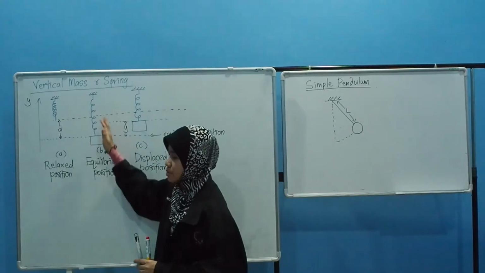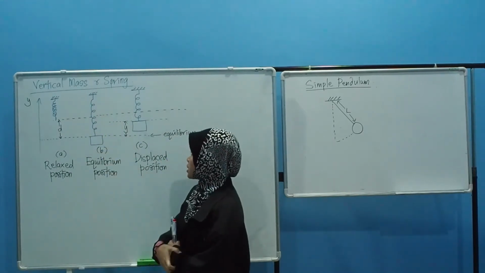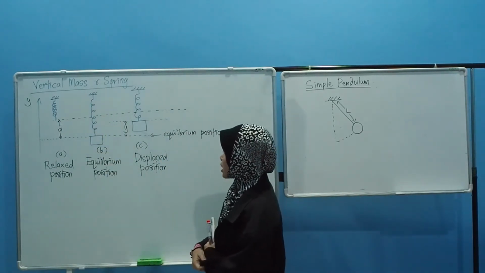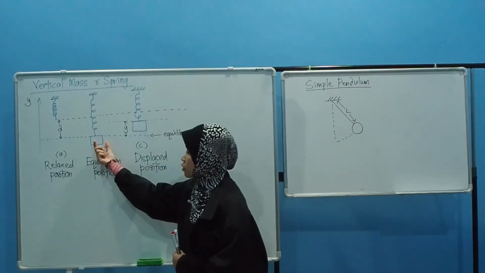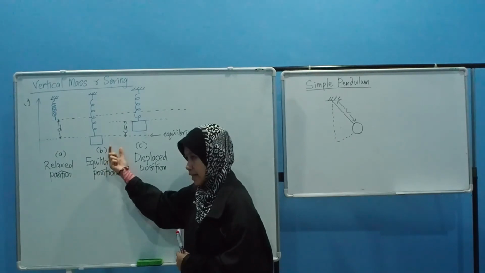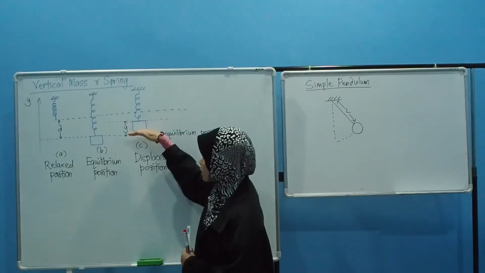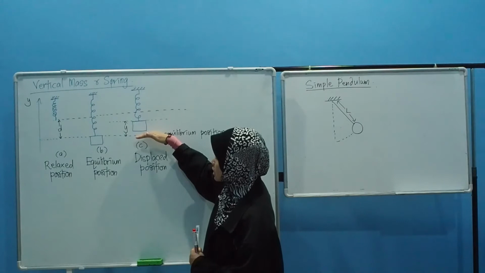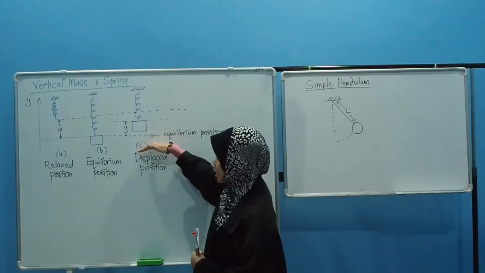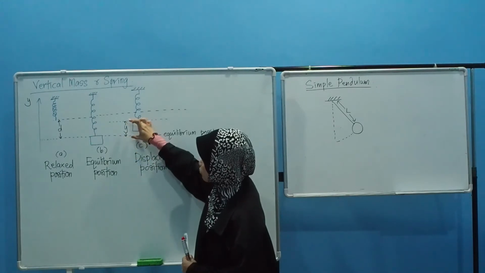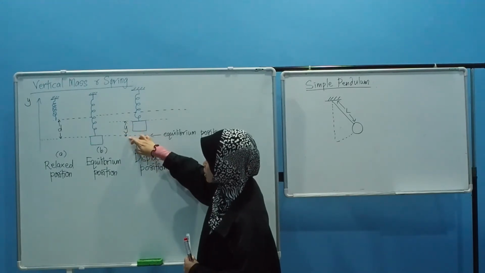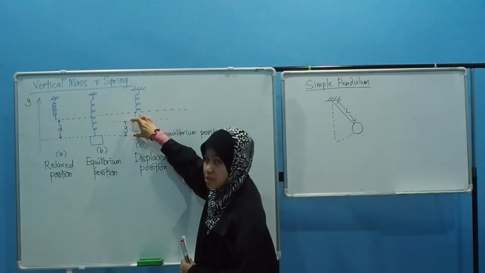And then C is the spring when someone pulls it down and then releases it, it will move up and down. For example, here it is moving up with a Y displacement from the equilibrium position.